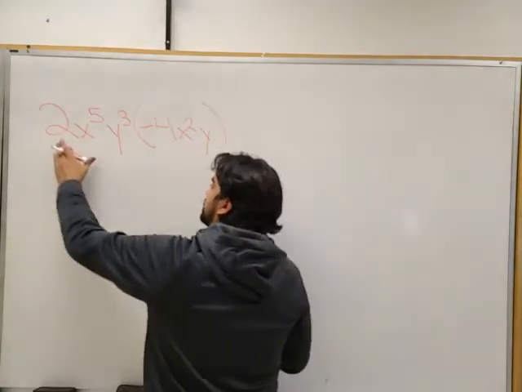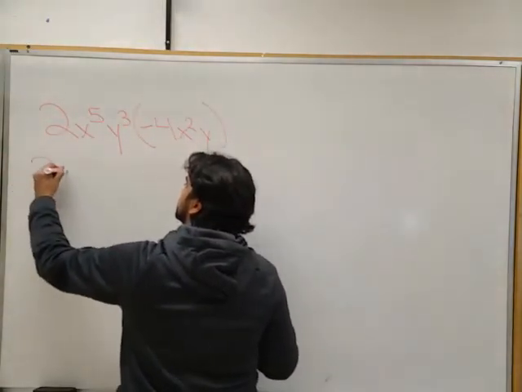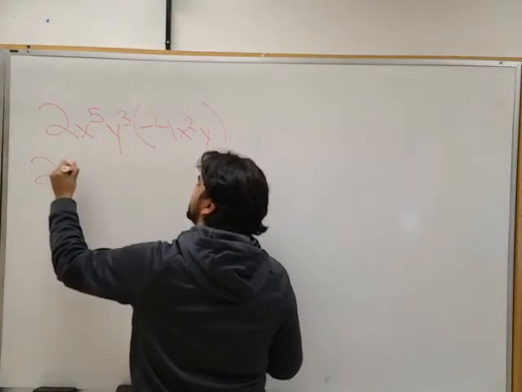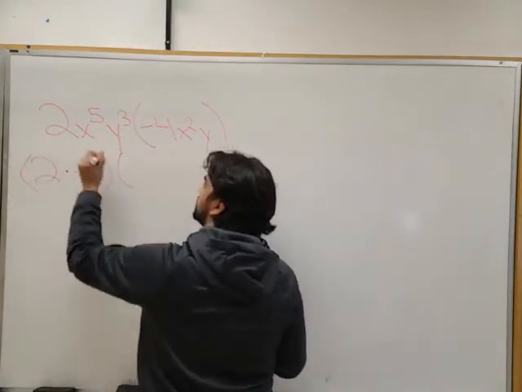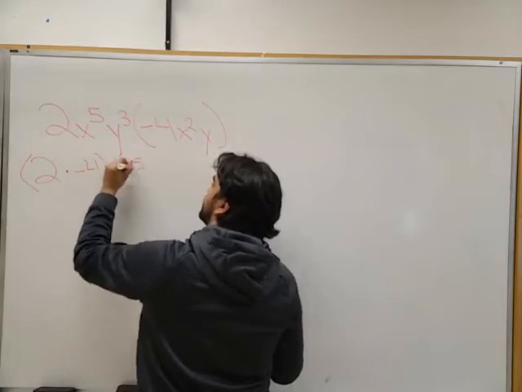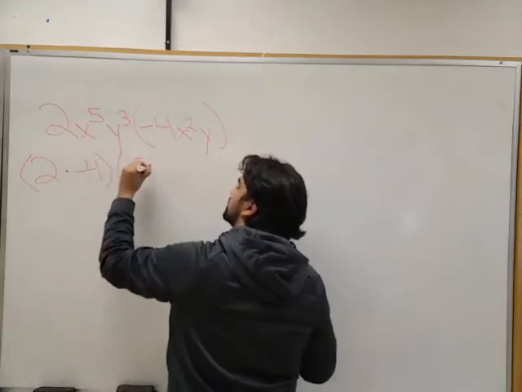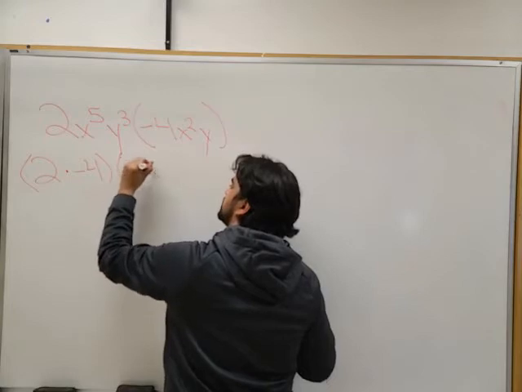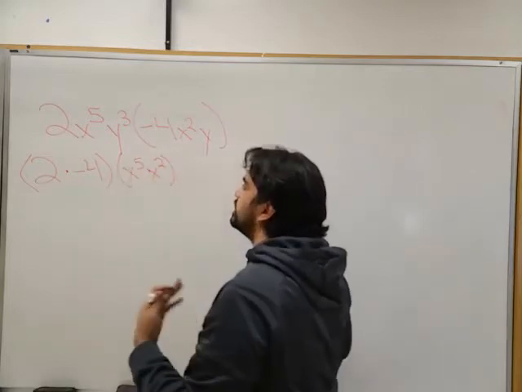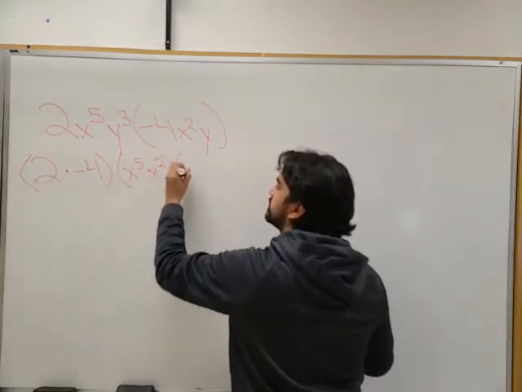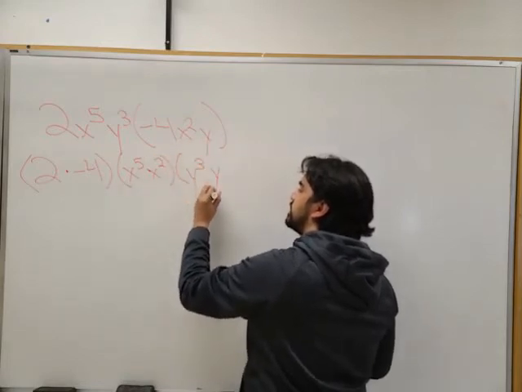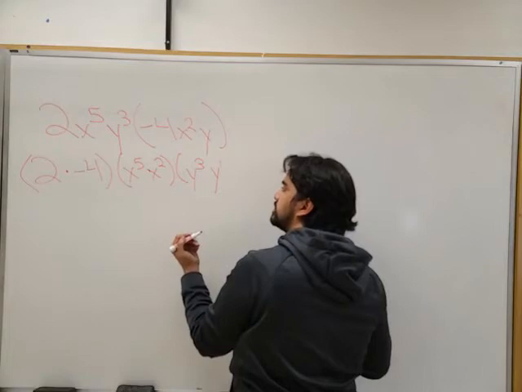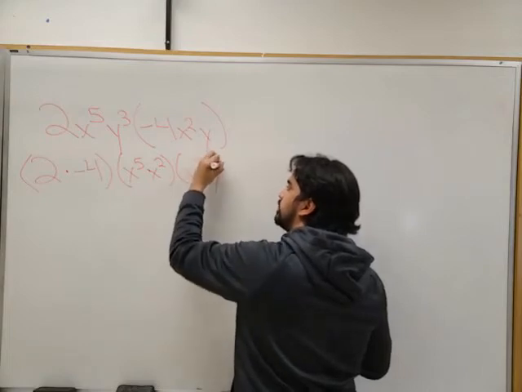So we have 2 times negative 4 times x to the power of 5 times x squared times y cubed times y. And remember, since the y doesn't have a power, that's going to be a 1.